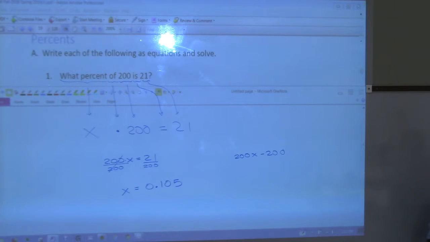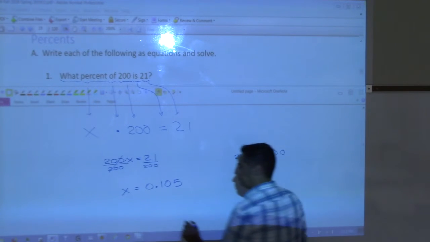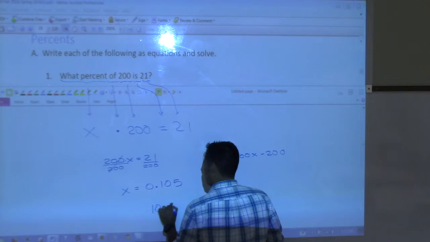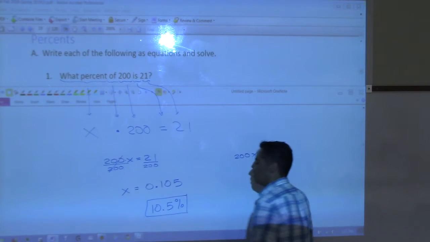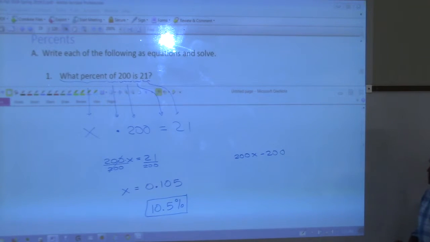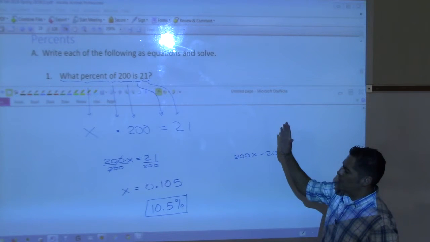And that's our answer. However, it doesn't answer the question because the question is asking what percent, right? So what's my answer then? 10.5%. So let's read the problem through again with our answer.